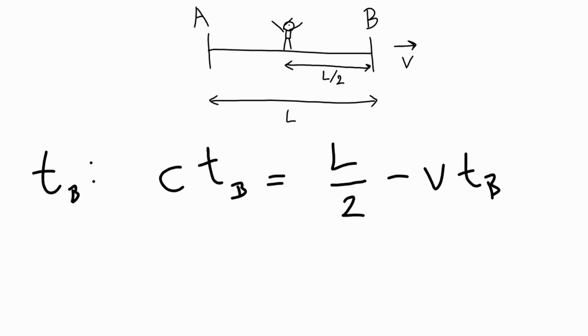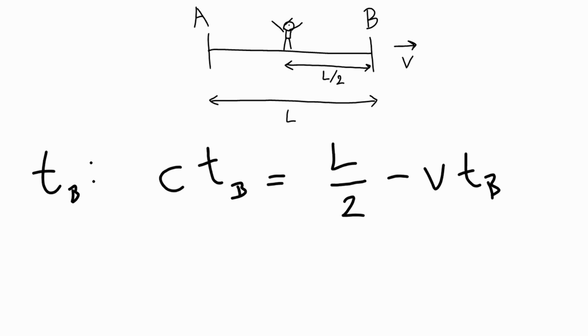So for TB, the time for clock B, I have to determine the distance the light travels. The distance the light travels, c TB, would equal L over 2, for the light to go from clock B to the observer, subtracted by v TB.